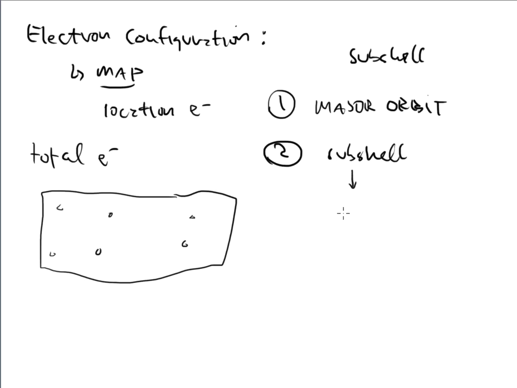Sometimes it will be a 4-lane. Sometimes it will be a 2-lane. Sometimes it will be a gravel road. Sometimes it will be a dirt road. There are different types of subshells out there for these electrons to be found in. And those are going to be called S, P, D, and F.